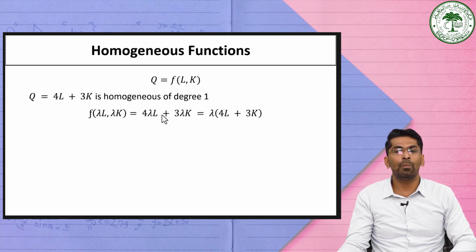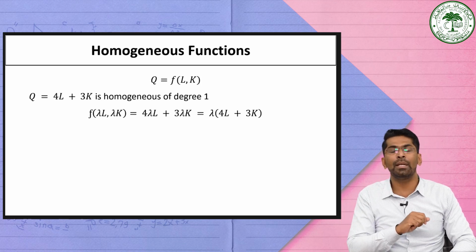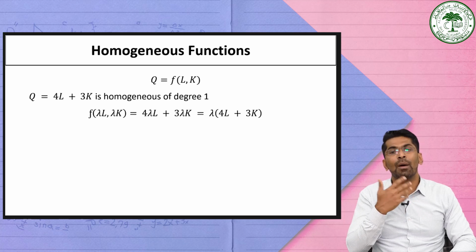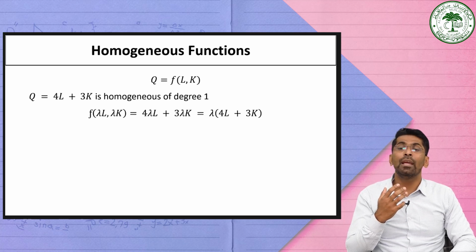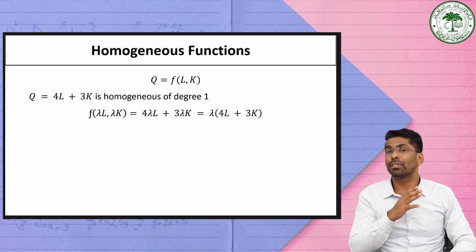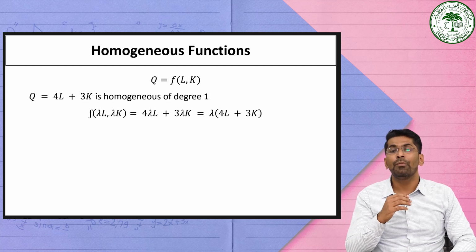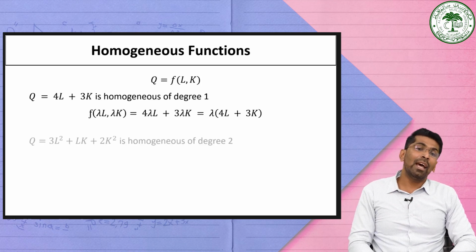Lambda is common here, so we take lambda outside, and in the bracket we have the original function, that is Q. So we can say that it is homogeneous of degree 1. It shows that if you double the quantity of both labor and capital, it will result in doubling the output. This property is usually associated with constant returns to scale in economics. Especially in a production function, a proportional increase in inputs leads to a proportional increase in output as well.